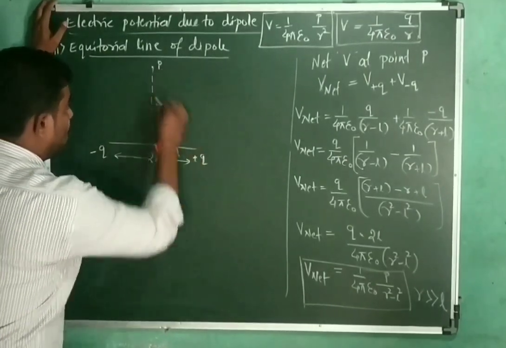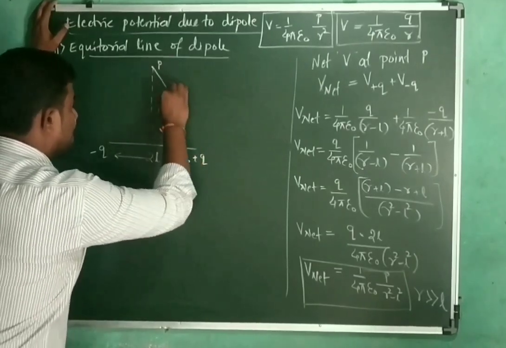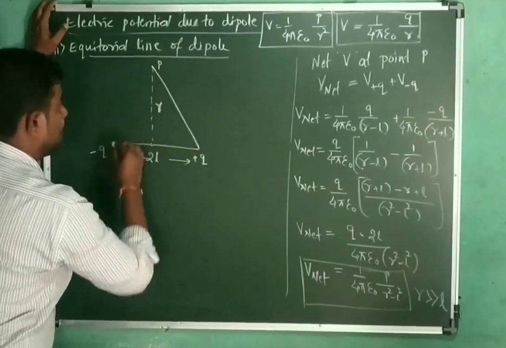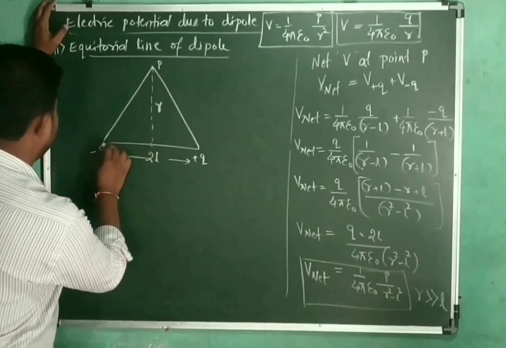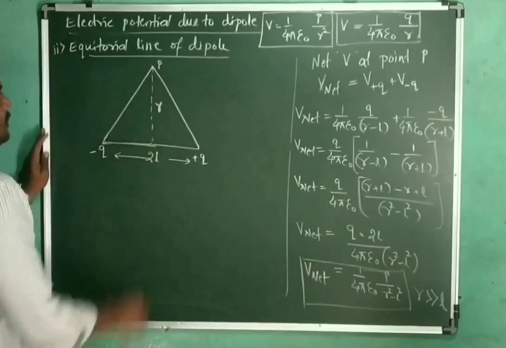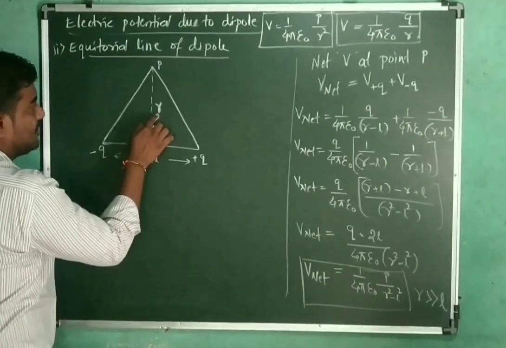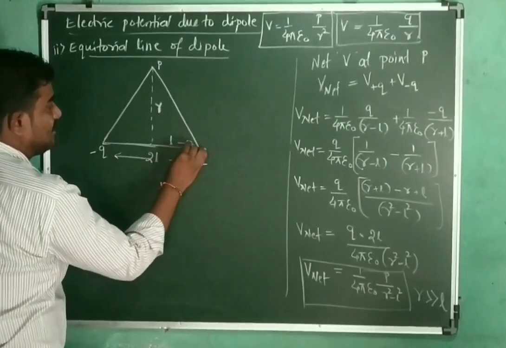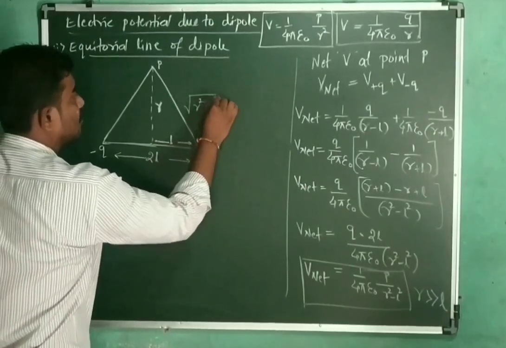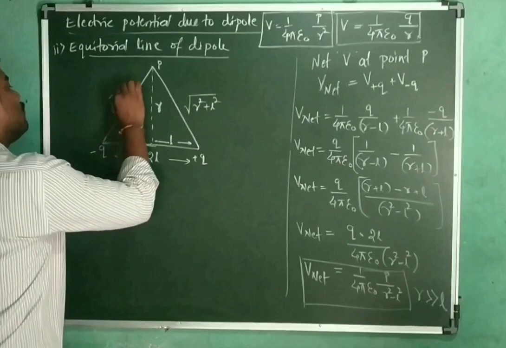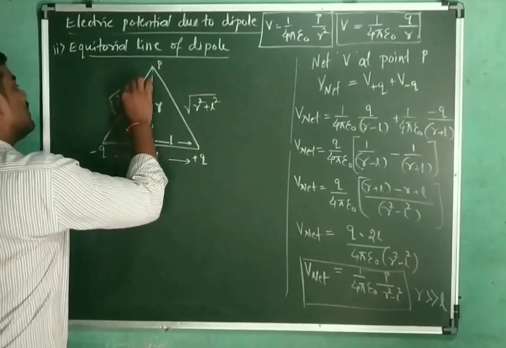And now we should know this distance, and this distance. This distance is r, this distance is l, and according to the Pythagoras principle this is under root r square plus l square, and this is also under root r square plus l square.